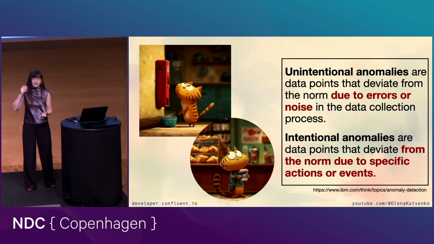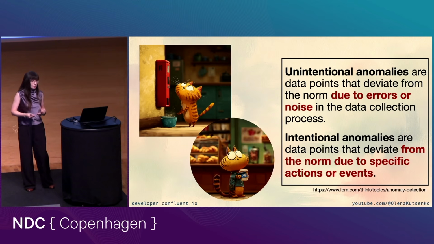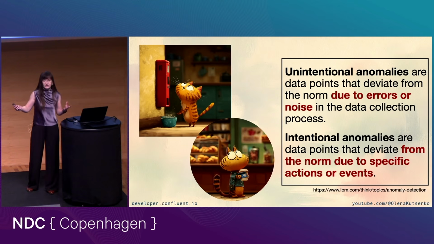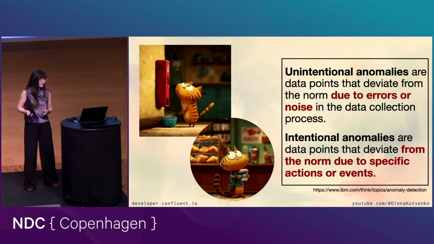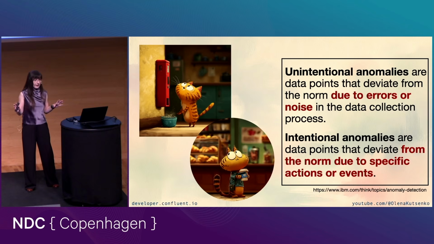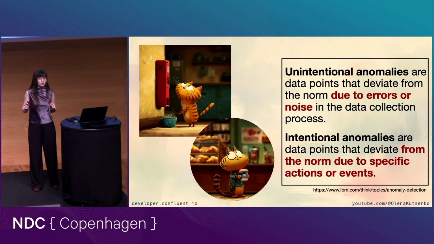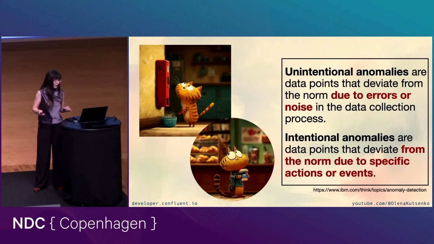So we want to raise alarms and trigger some automated responses so we don't wait, and it's not just noise. So those are two different buckets. Technically, the tools which we have can help us with both of them. But of course, intentional anomalies is something we pay way more attention to and put way more effort into.